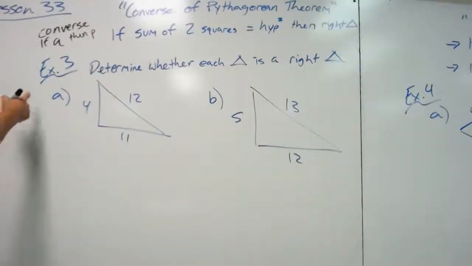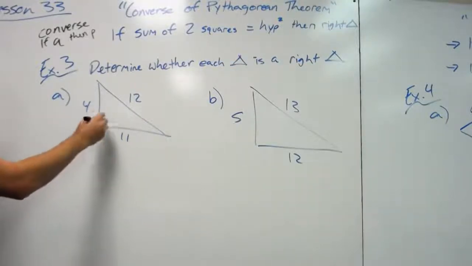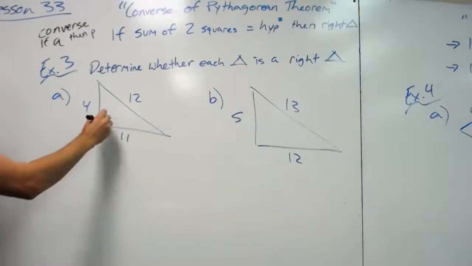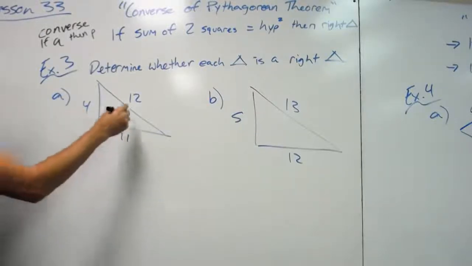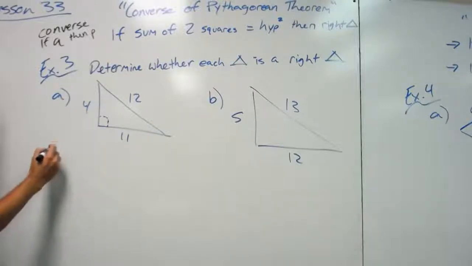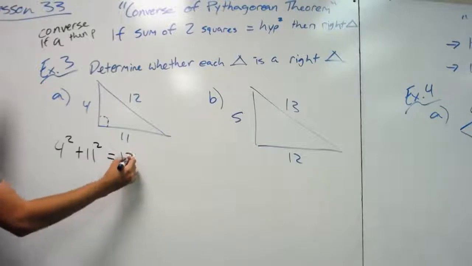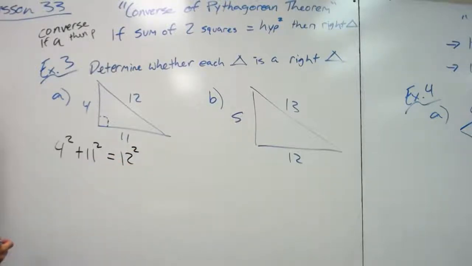So in example 3 it says determine whether each triangle is a right triangle, but we don't know, so we're trying to figure out if it's a right triangle or not. We know all three sides, so this is where it's the converse. The converse is we're going to do the two shortest legs squared equaling the hypotenuse squared. Hypotenuse is always the longest side, that's why we know it's 12.